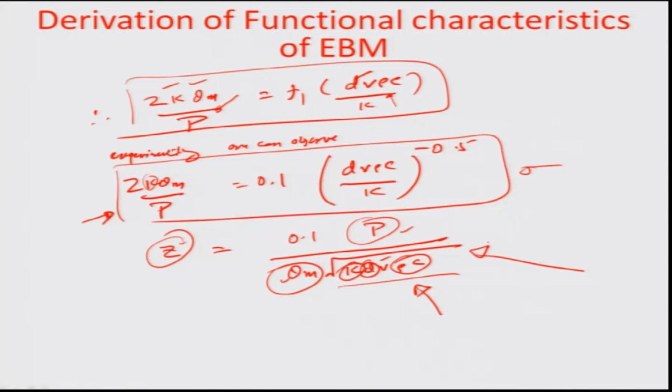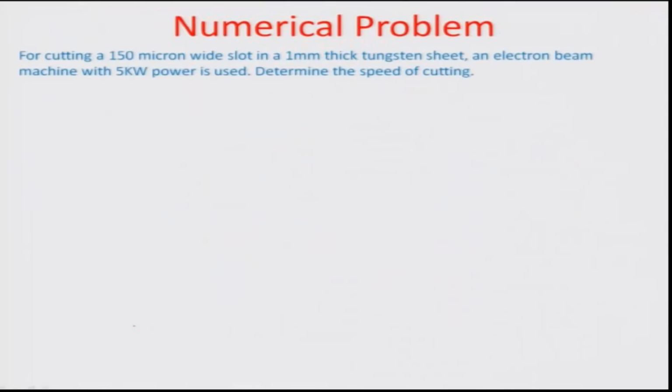In that case, it was I think about 4.6 centimeter per second that we had arrived at in probably one of the modules, where we were talking about the velocity of scan of a particular e-beam. In this case, the velocity actually obtained through this semi-empirical analysis is much higher, as you will see.